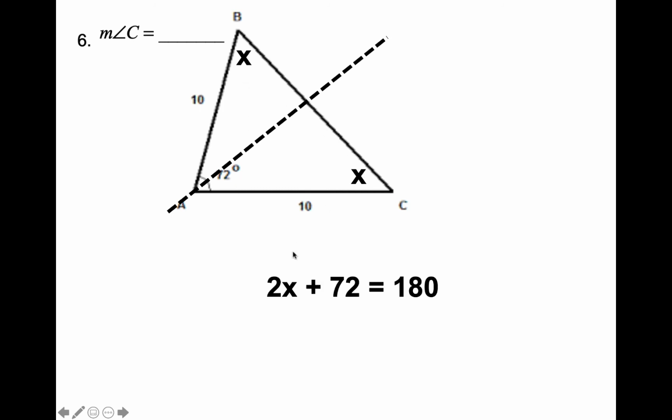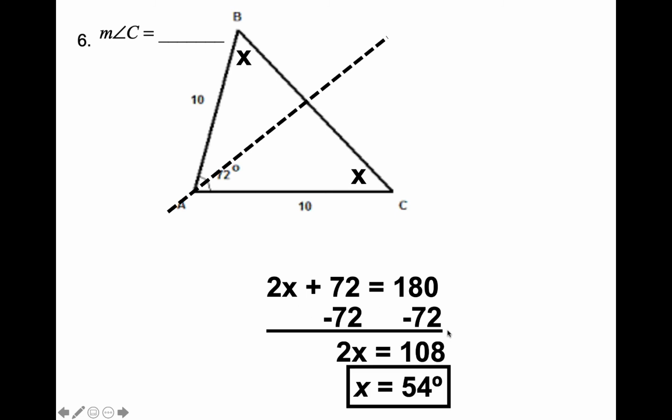So x plus x is 2x, plus 72 equals 180. Minus the 72. The 72s cancel. I have 2x equals 108. Divide by 2, I get 54. If x is 54, notice that is what angle C is, so C is 54.